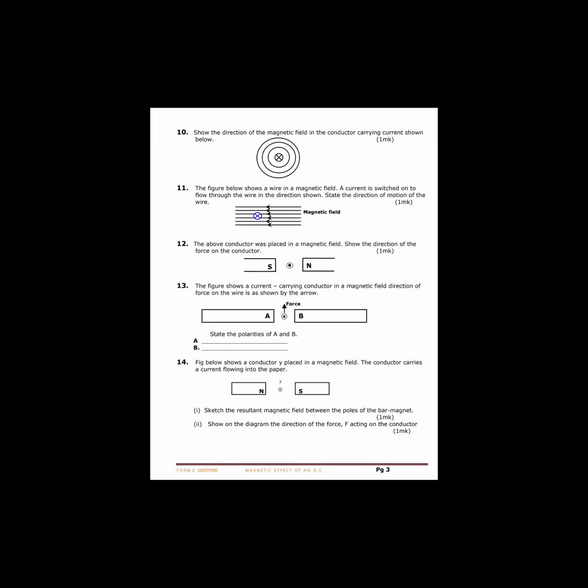Name the polarities. Number 13. The figure shows a current carrying conductor in a magnetic field. The direction of force on the wire is shown by the arrow.